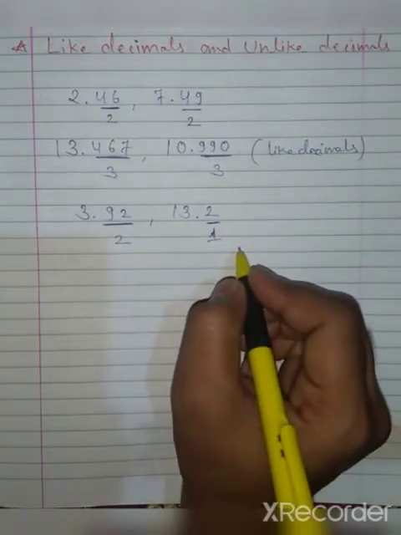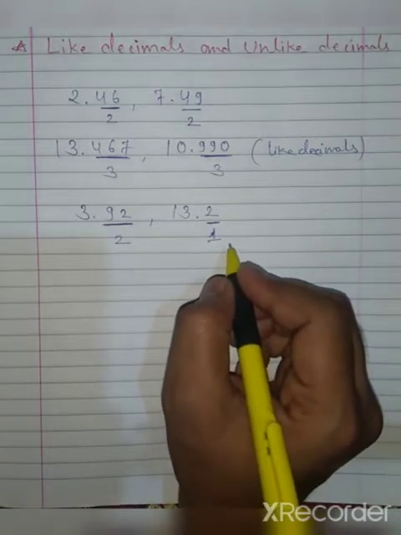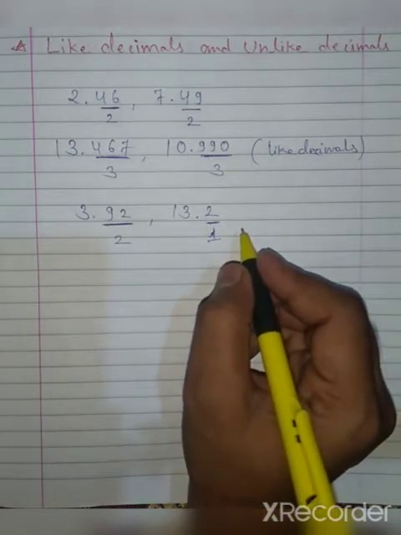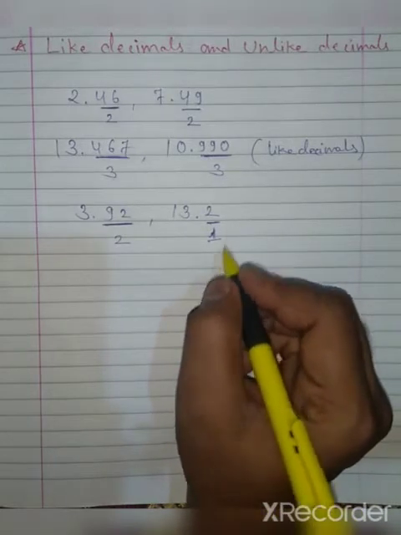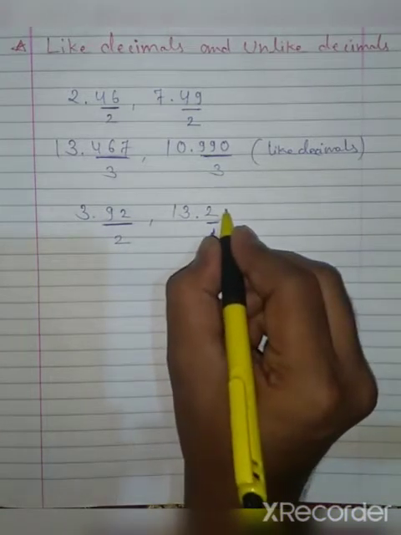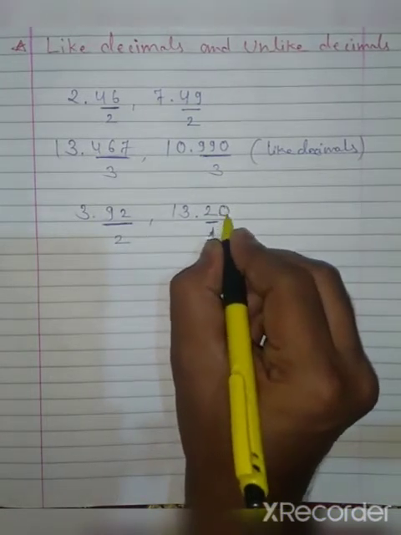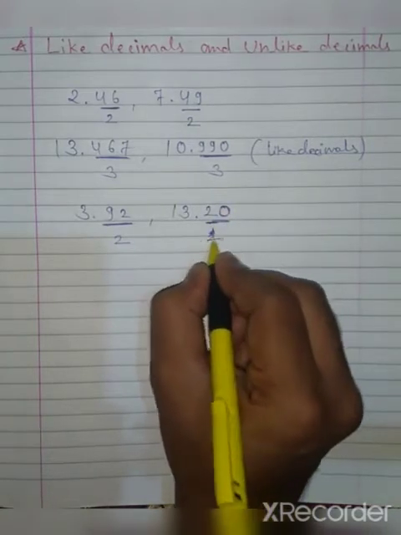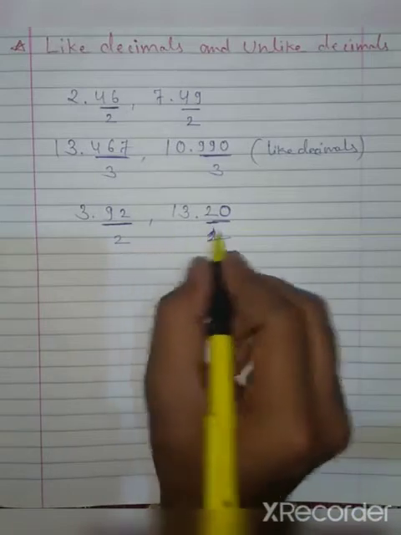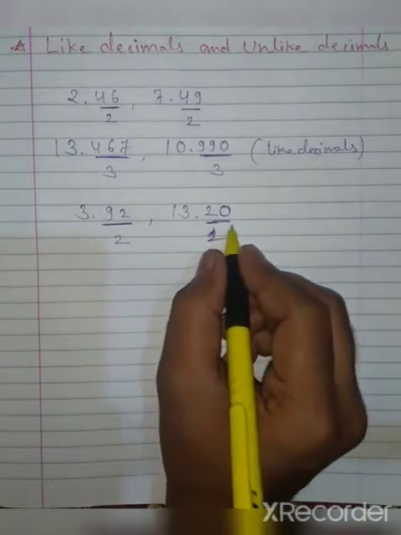So this is called unlike decimals. We can convert unlike to like decimals by putting 0 at the end of the decimal number. So if you put 0 here, now you will get decimal place 2. Now you can say both are like decimals.